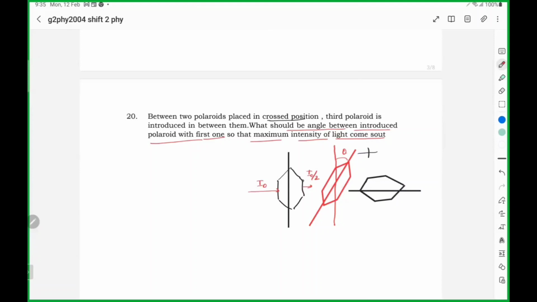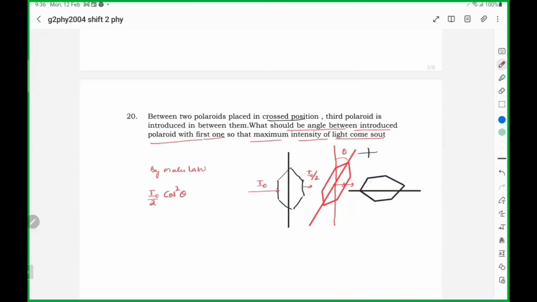When it passes through the other polaroid, which is kept at an angle, by Malus law the intensity of polarized light becomes I naught by 2 cos square theta.